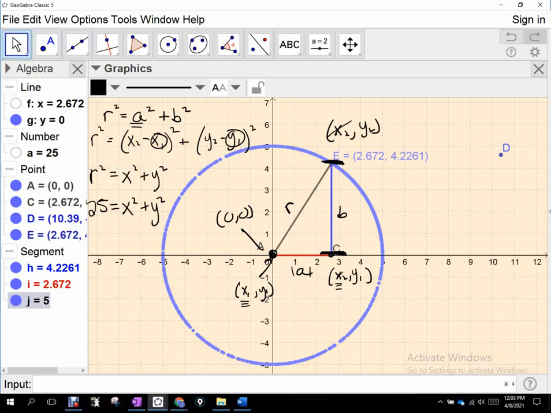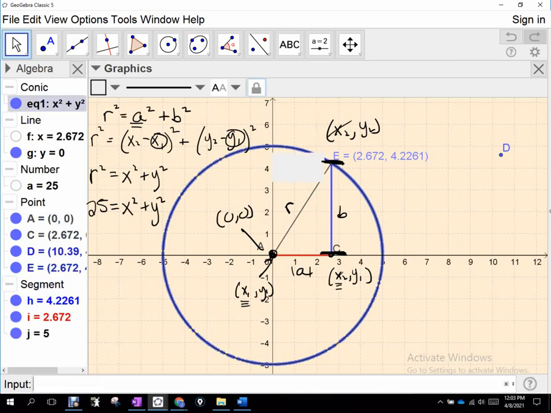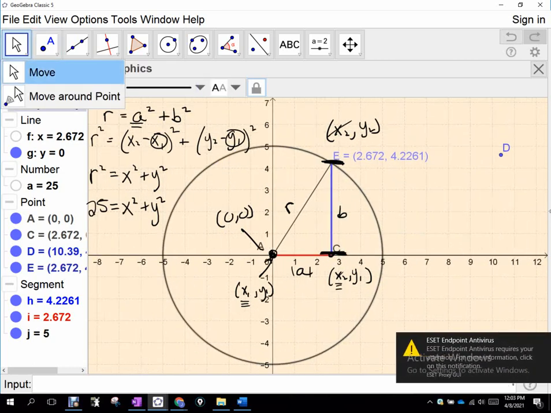Nothing to solve for. If I type in x squared plus y squared equals r squared, or in this case 25, does it graph a circle right on top of what we traced out? Does that kind of make sense?